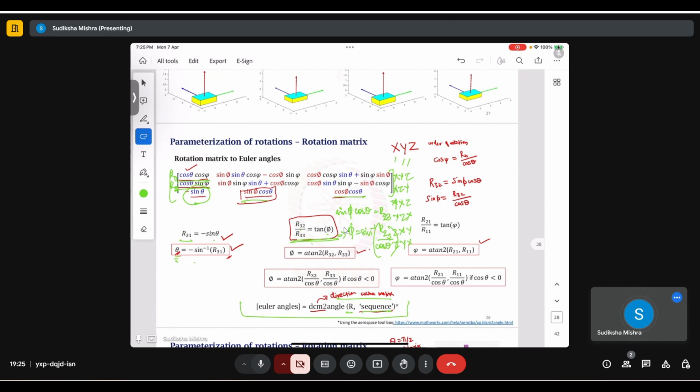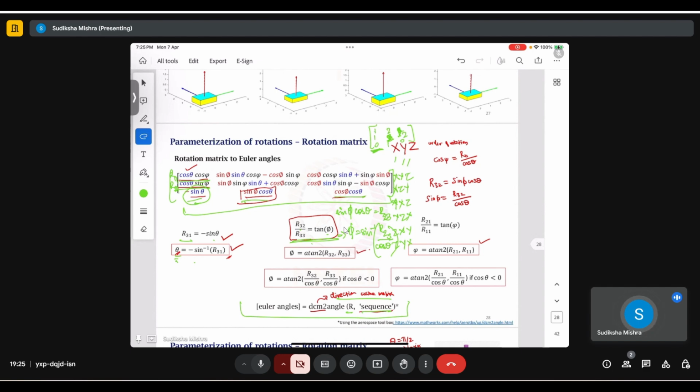If you know the values of this particular matrix, say this particular matrix was 1 1 0, 2 3 1, 4 minus 2 0, random numbers that might not mean anything, but if this was the case, you essentially know that the sine theta will be this term.